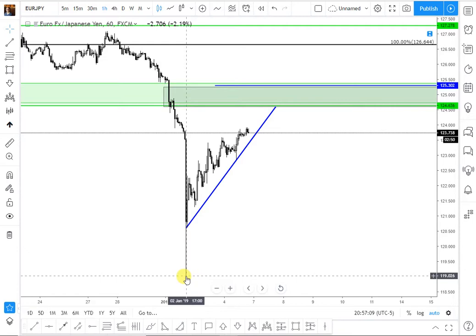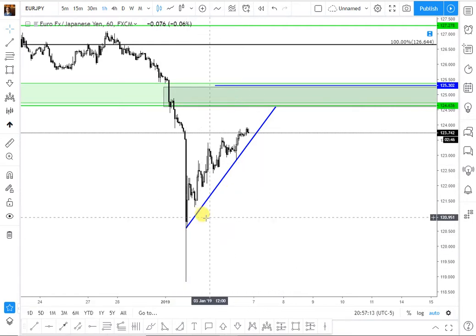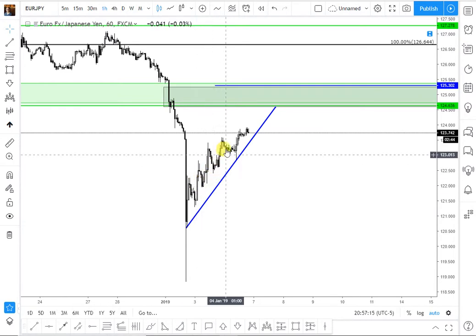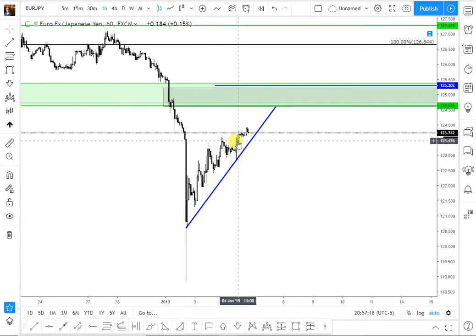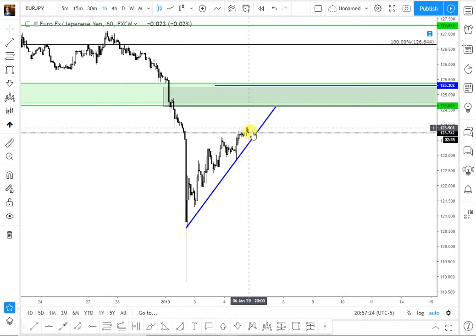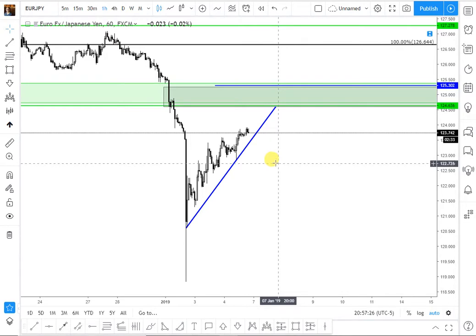After this huge drop in the first week of this year, the pair started to make some correction, and now the correction starts to slow down, and we expect the breakdown here very soon.